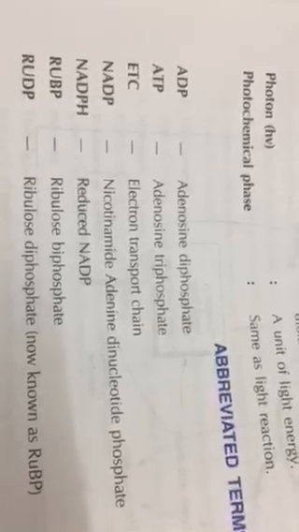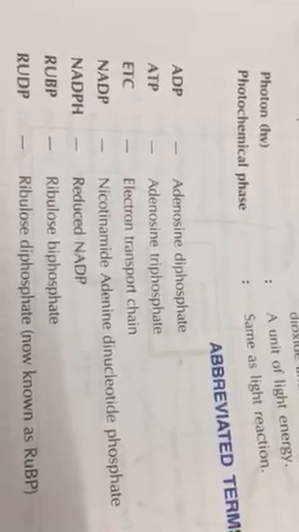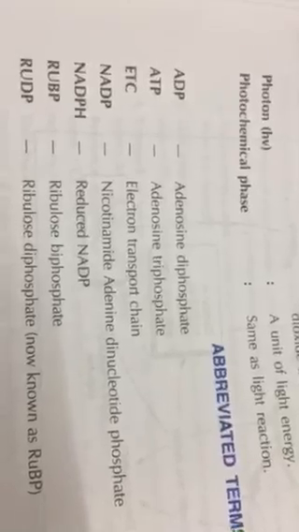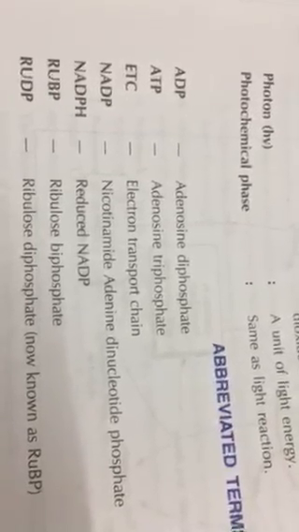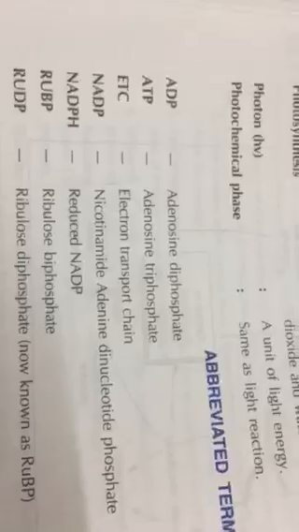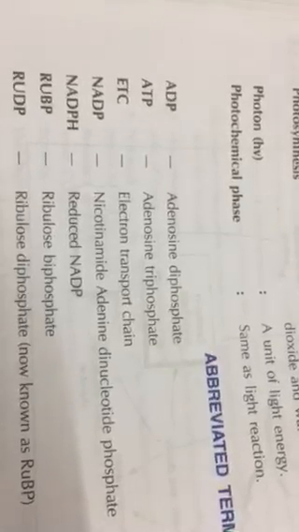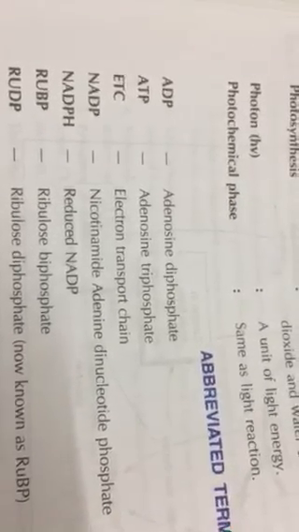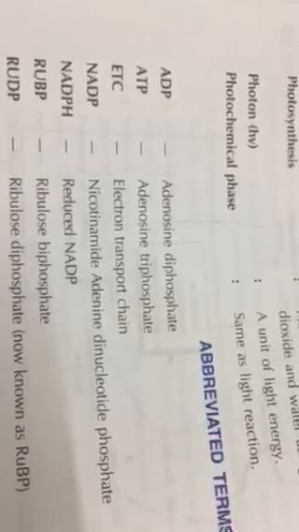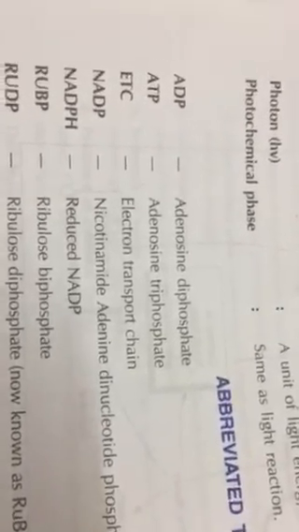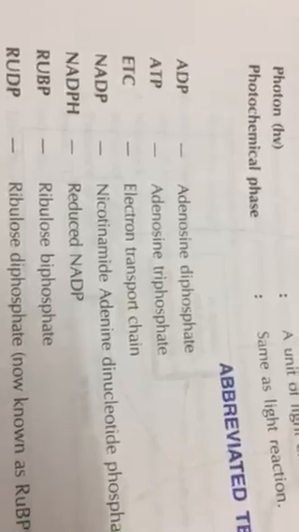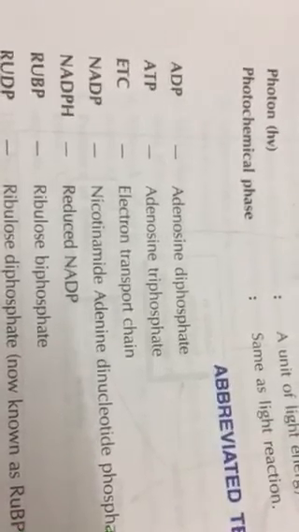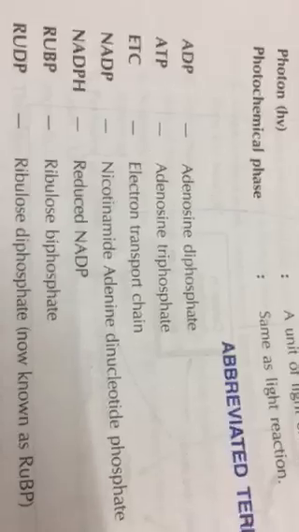So you must know NADP. When it is accepting hydrogen, it is reduced to NADPH. Then ADP is converted into ATP, adenosine diphosphate becomes adenosine triphosphate. Then RUBP is necessary, ribulose bisphosphate.